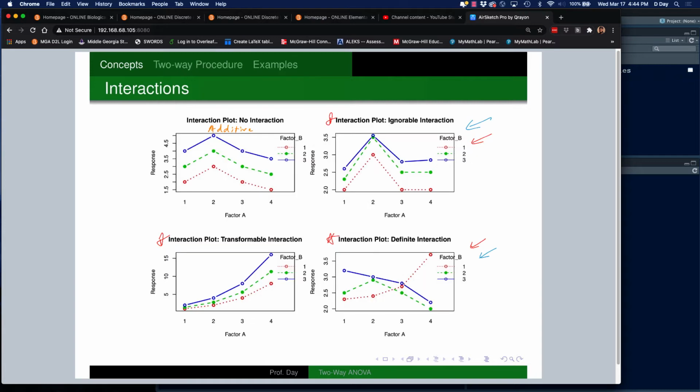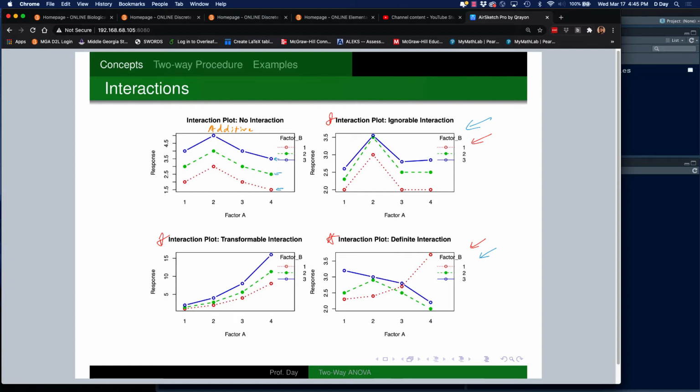So think about it, you can compare these means across factor A levels 1, 2, 3, and 4 to see if there are significant differences in the means there, using an additive model ANOVA. And then similarly, you can also look across each of these separate lines here, the blue line versus the green line versus the red dots line, these three lines here.